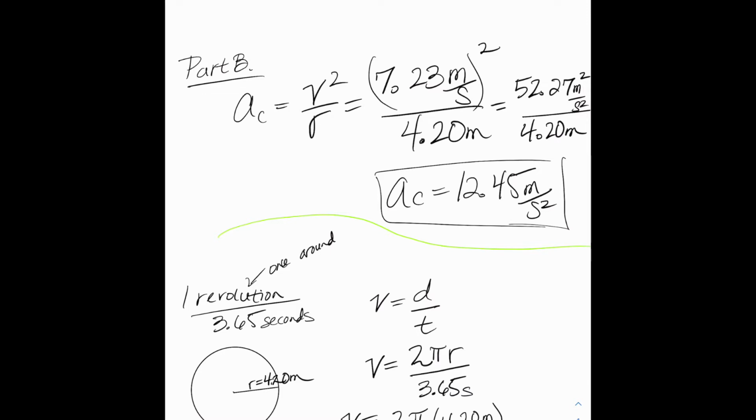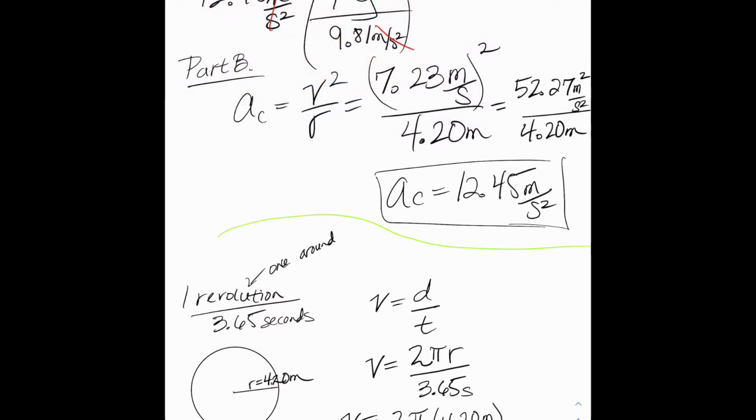Now, it also said how many G's of acceleration. So if we have 12.45 meters per second squared as our acceleration, and we know that 1 G is worth 9.81 meters per second squared, we just do the math here. We can cancel off meters per second squared.